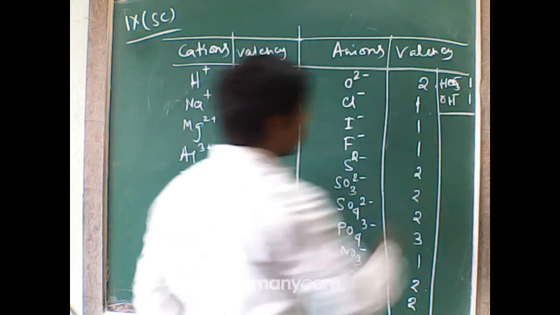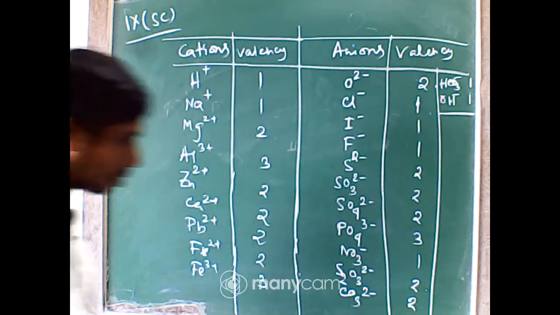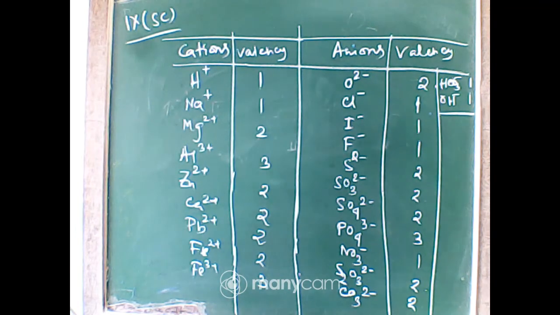Write these also. Phosphate is 3 minus, metaphosphate is 2 minus, HPO4 minus. There are 3 kinds of phosphate: orthophosphate, metaphosphate, pyrophosphate.